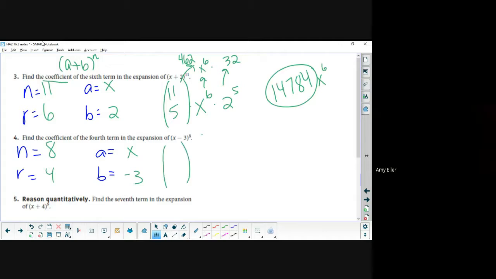The parentheses is N and R minus 1. Then you take your A, and your exponent on that is N minus R minus 1. So essentially 8 minus 3, which is 5. Take your B term, and that's going to go to R minus 1, which is your bottom term.